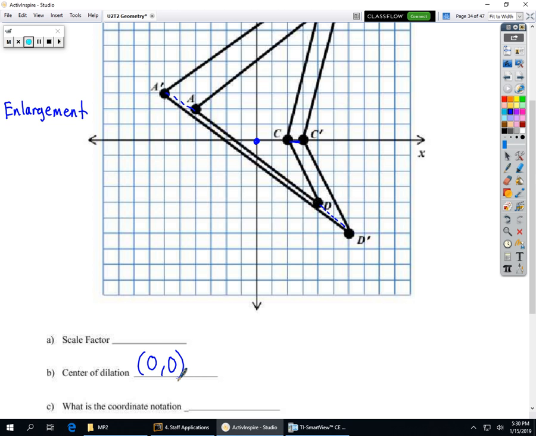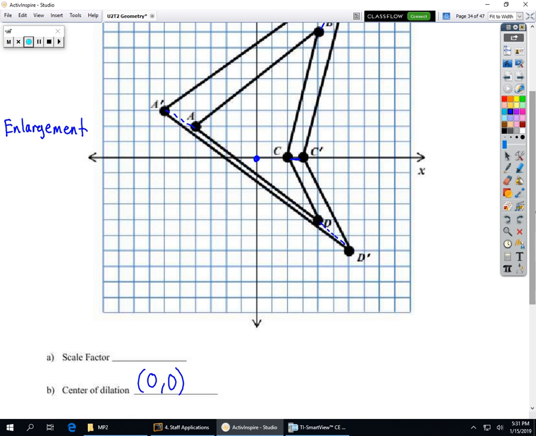So now, rather than use the sides, I'm going to use the distance from any of the corner points to the center of dilation. The easiest one to use is C, because it's horizontal. It's always image over pre-image. So for image, the image is C prime.